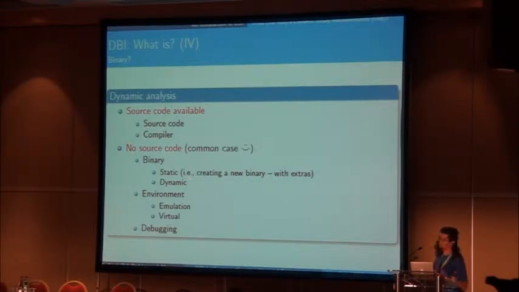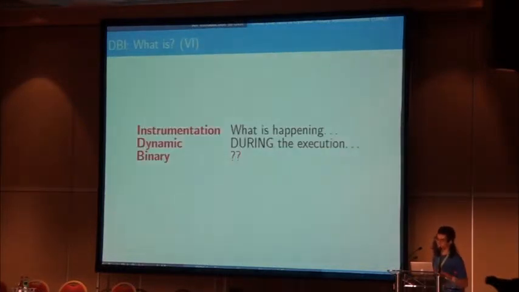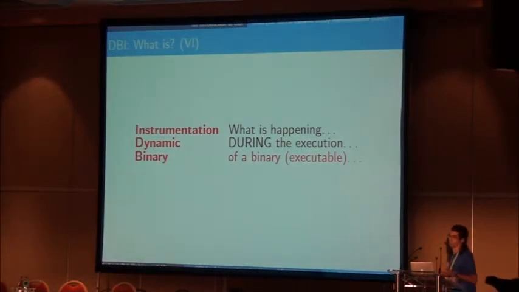This means that each time we want to instrument, we need to create a new binary with some extras, or we can do it in the dynamic way. We can also depend on the environment by using emulation or virtualization, or we can just do some debugging. Okay? So binary refers to the code of a binary or an executable code, in this case in Windows.